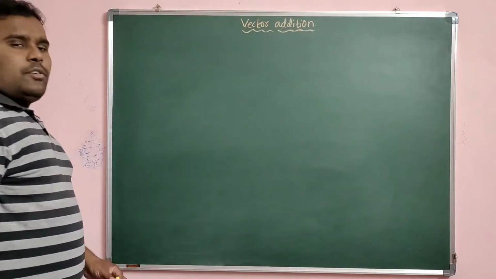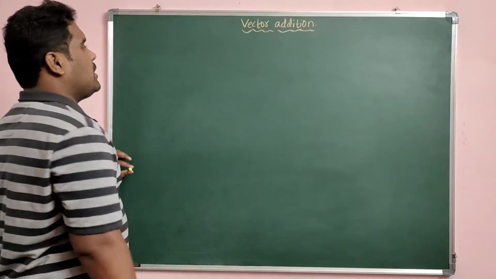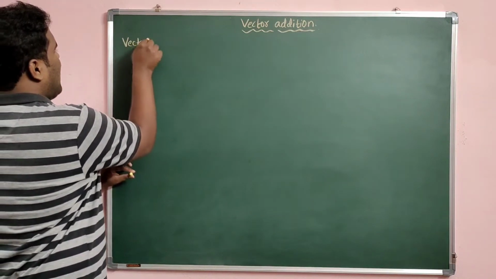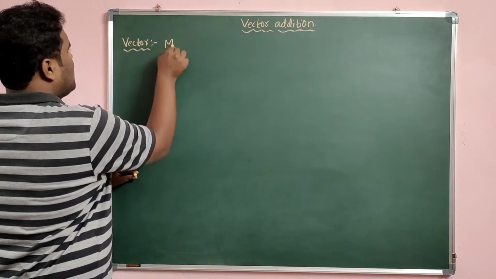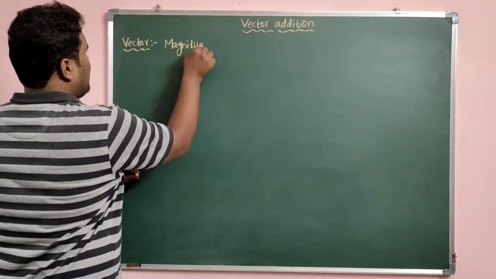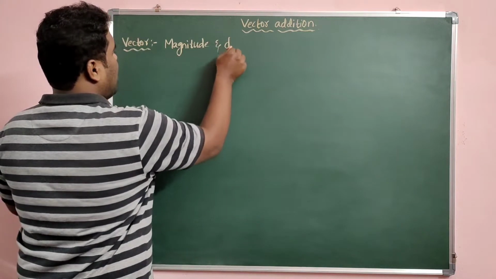So already we know that a vector is a physical quantity which has both magnitude and, at the same time, direction.